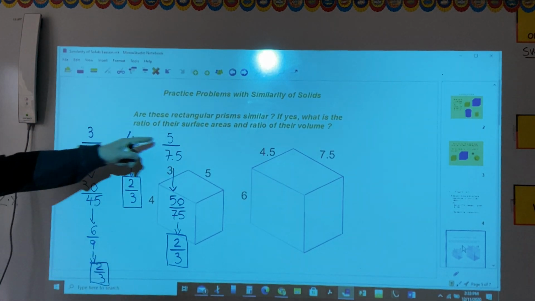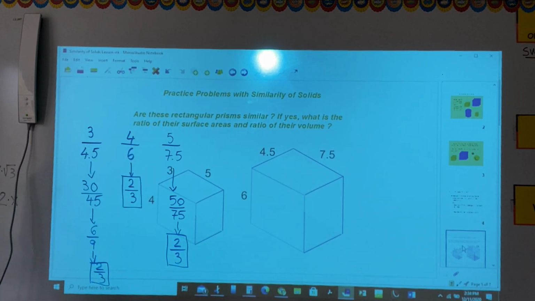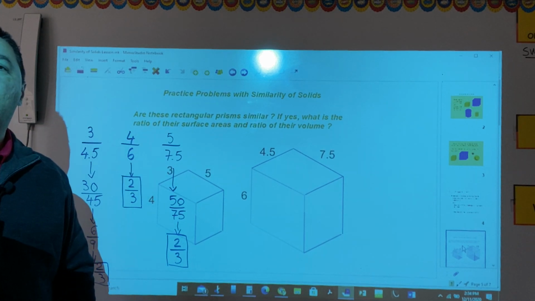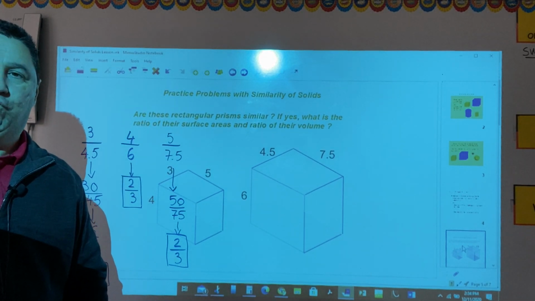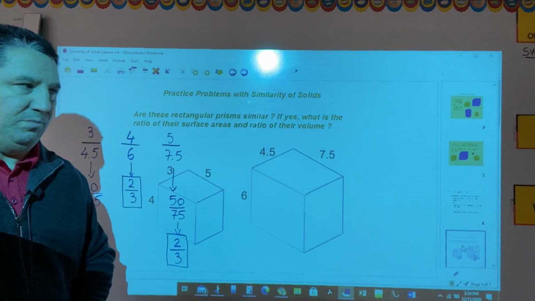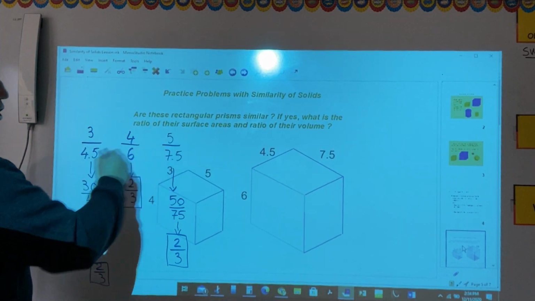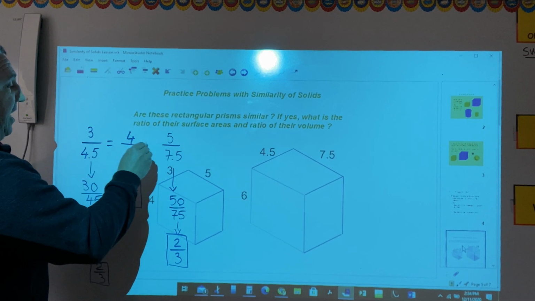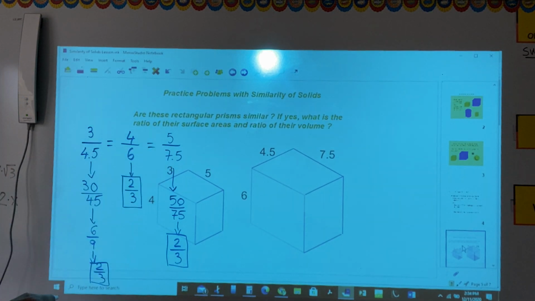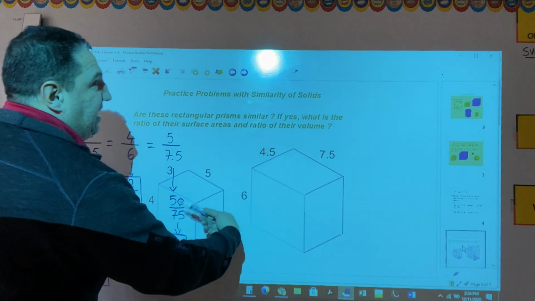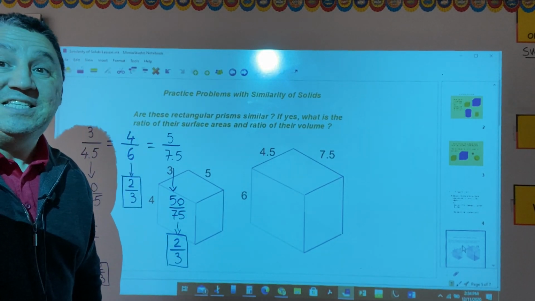As we can see, all of these fractions have 2/3 as their simplest form, which means all of these fractions are the same, right? So we can conclude these two prisms are similar.